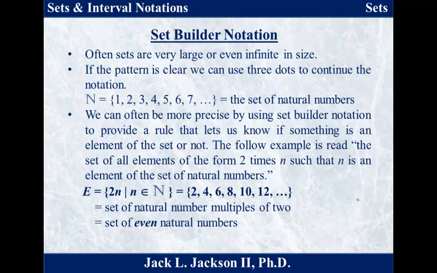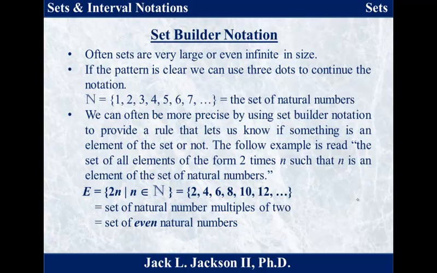So this funny looking N stands for the set of natural numbers, which is the set containing 1, 2, 3, 4, 5, 6, 7, 8, 9, 10, 11, 12, 13, 14, etc., going on forever. We can often be more precise, however, rather than trusting the reader to understand what pattern we're meaning when we make our list. We can be explicit about this pattern by providing some kind of rule that lets us know if something is an element of the set or not.